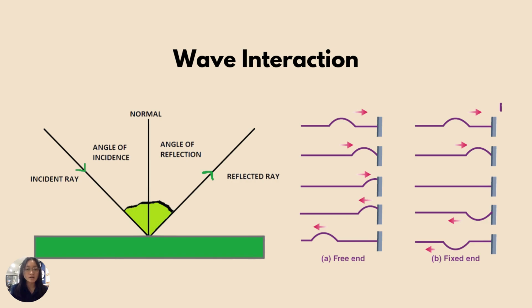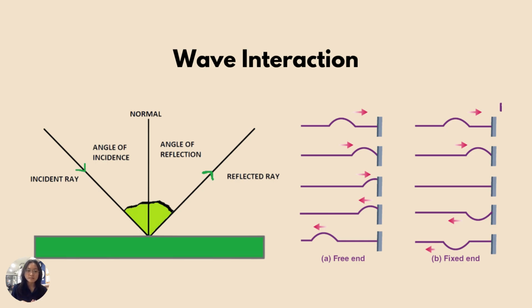And in the picture on the right, point A is the free end, the free boundary. When the wave goes towards the boundary, it just bounces back without being inverted, unlike the fixed boundary.